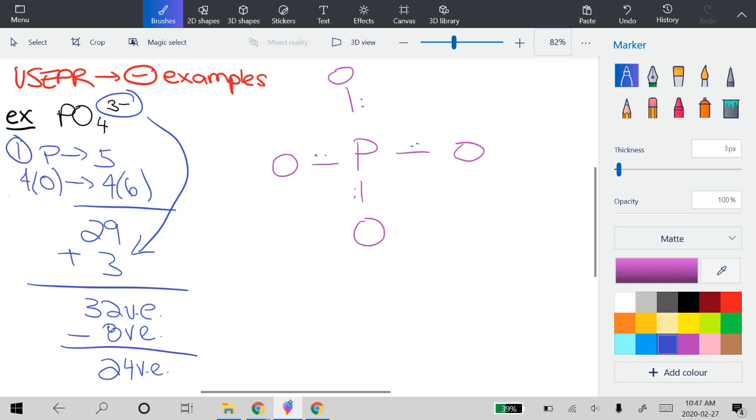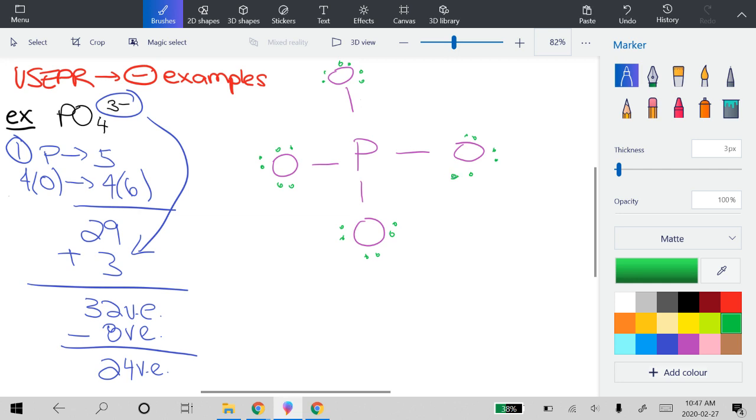When you're first guessing, you're just going to throw them around the peripheral atoms, the ones outside on the bonds, so the oxygens in our example. So it'll be 2, 4, 6, 8, 10, 12, 14, 16, 18, 20, 22, 24, 26, 28, 30, 32.